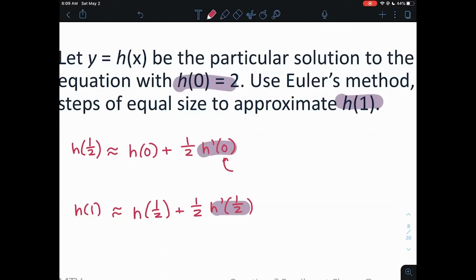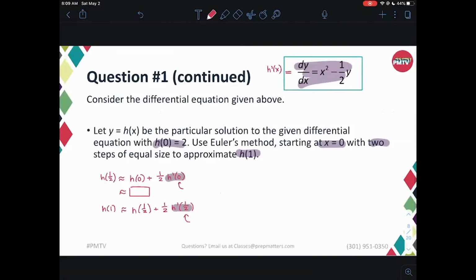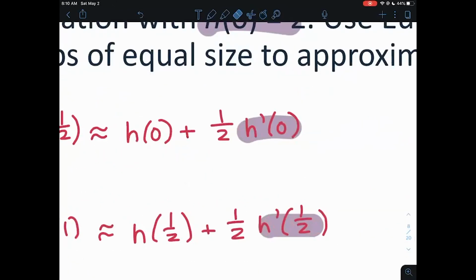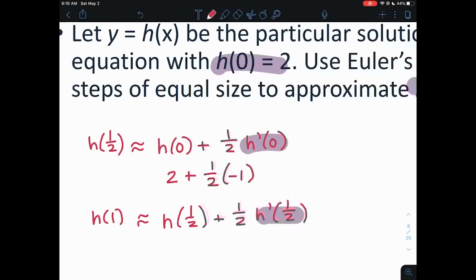When x equals 1/2, y equals something that we have not yet figured out. So a lot of substituting in numbers, a lot of just, here's my x value, here's my y value, I'm going to evaluate. Once we do that, I'm going to do some of that here. Once we do that, we end up with this. So h of 0 is equal to 2, that's given in the question. And h prime of 0 is equal to -1.